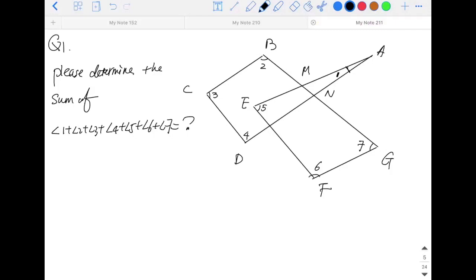The question gives you a weird shape, right? There's nothing really tangible. The entire shape can be changing from time to time. But nevertheless, the question asks you to determine the total sum of all those angles.